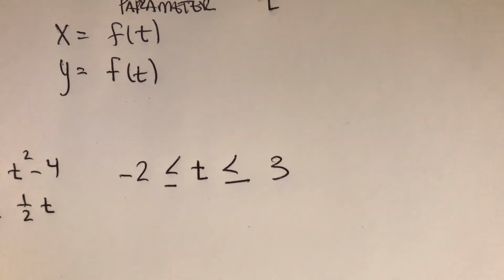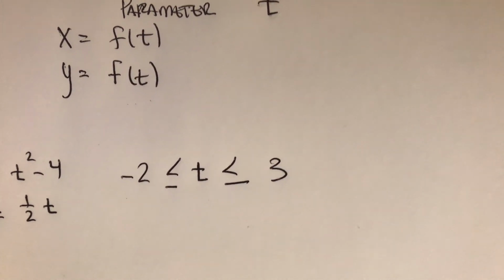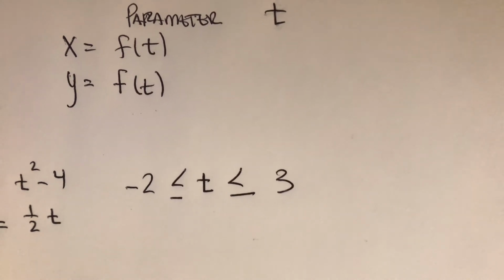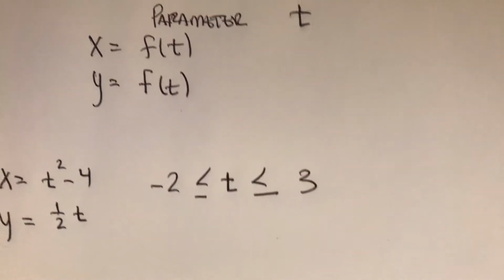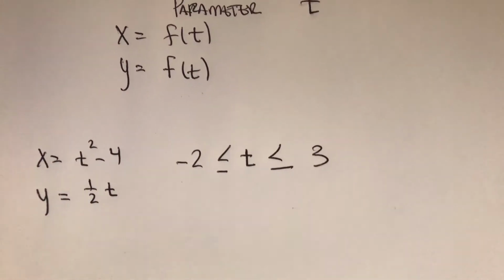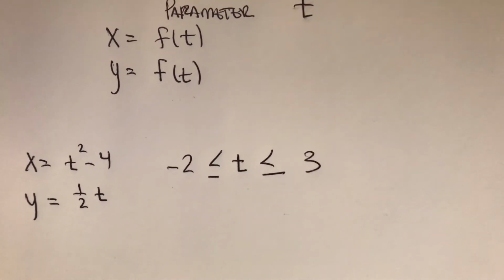That is very common in parametric equation form. t typically has a limit on what you start it with and what you end it with.